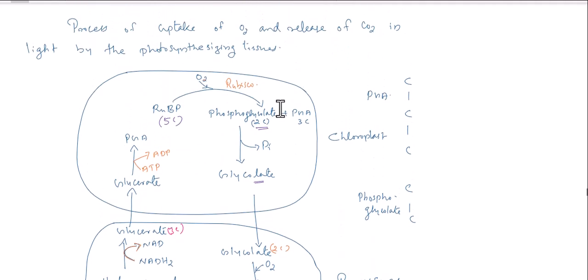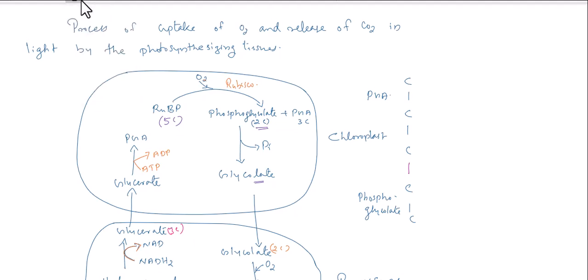In the chloroplast, the first step is the combination of RBP with oxygen. RBP is a 5 carbon compound; it associates with oxygen, so the number of carbons does not change. That is the first step.